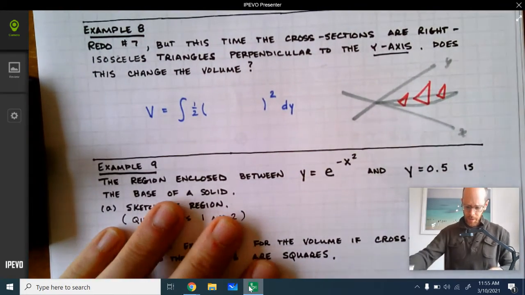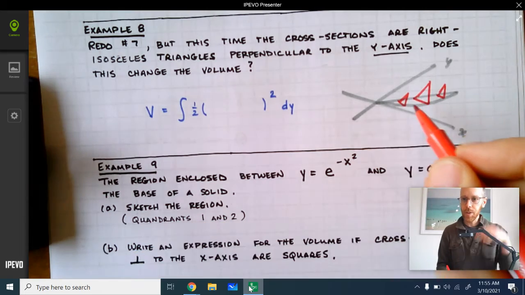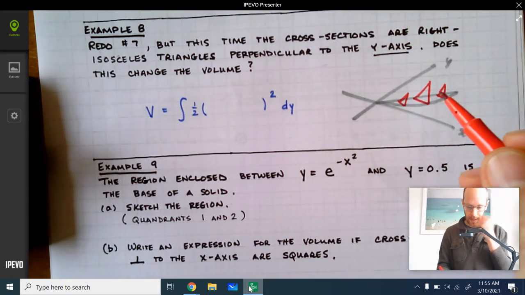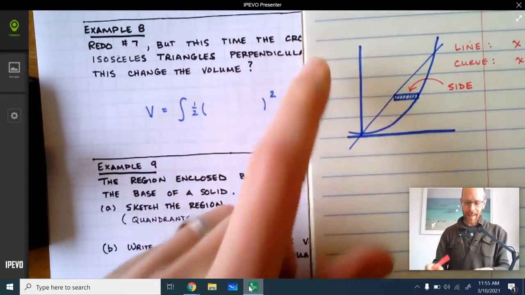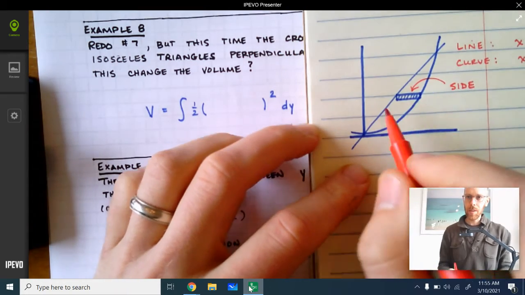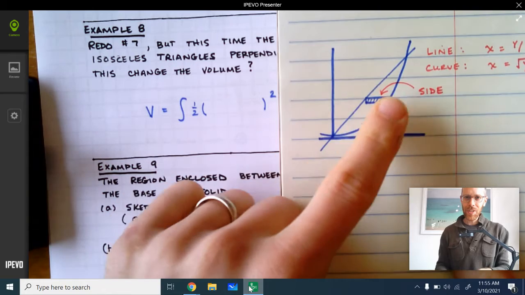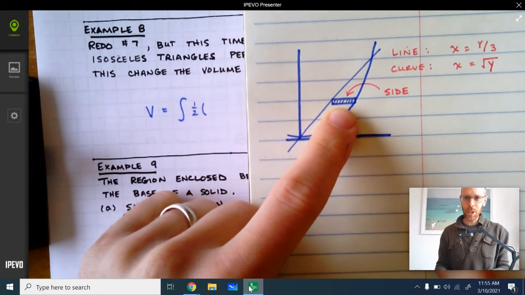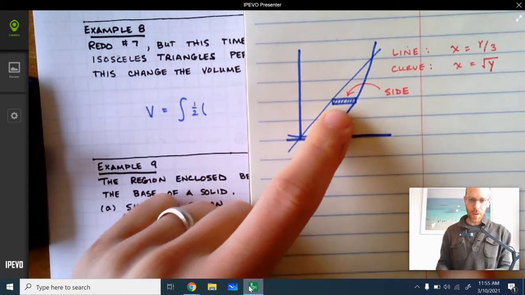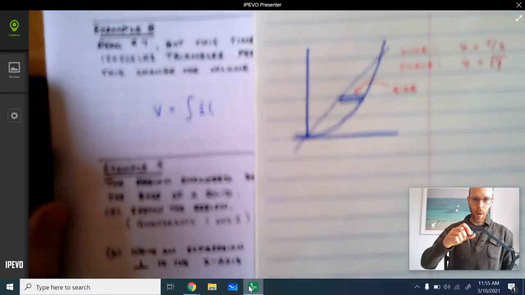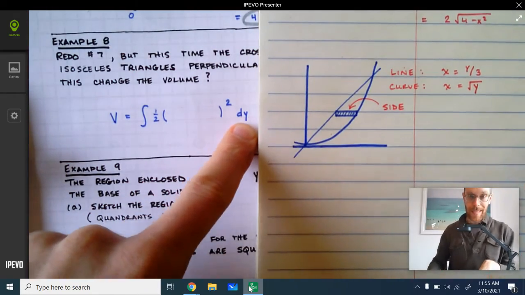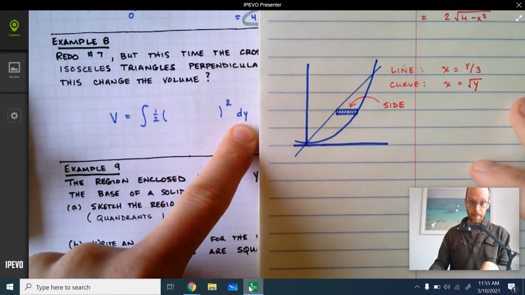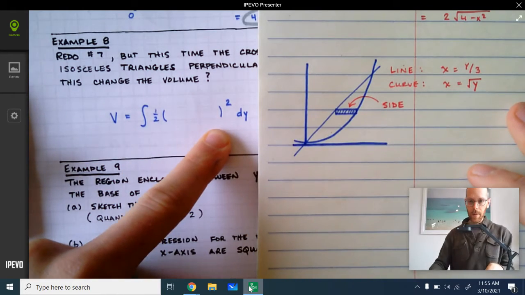Let's check our work. First, I attempted to draw a picture so you can see how it's oriented a little bit differently. One thing that we know is that if the cross sections are perpendicular to the y-axis, then your side is going to go in this direction. And if the side is going in this direction, we know right away that this is going to be a dy problem. Everything else will be the same thus far.